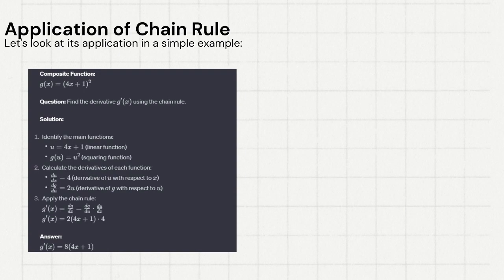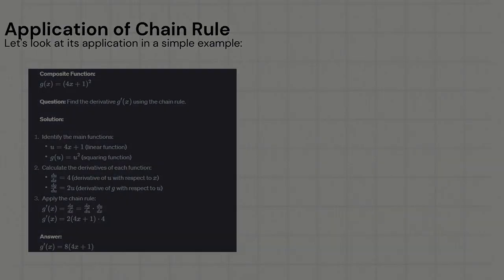And then dg/du equals 2u. And then apply the chain rule. g'(x) equals dg/dx equals dg/du times du/dx. g'(x) equals 2(4x plus 1) times 4. And the answer is g'(x) equals 8(4x plus 1).